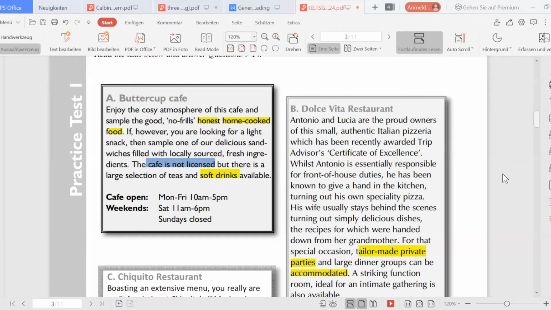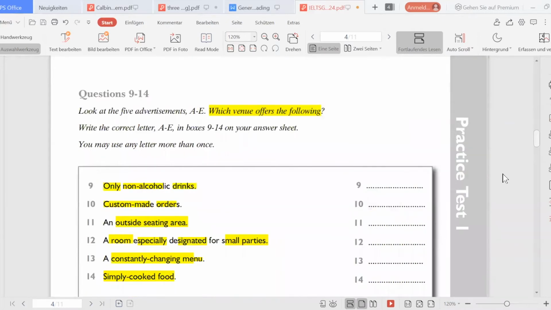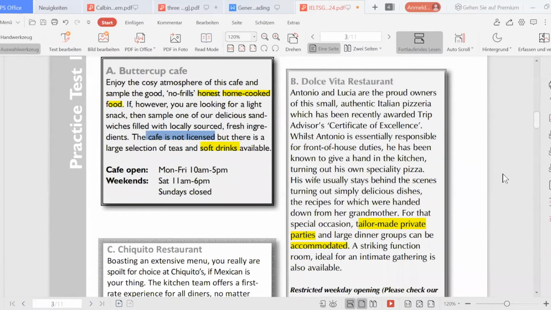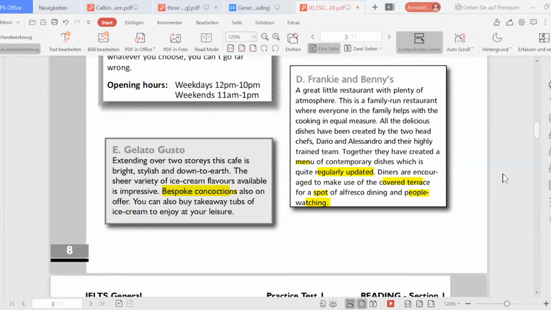Okay, good. Number 10, custom-made orders. So continue from B because you've used A. Custom-made orders, you read on, and they should be hiding in E. This one is actually difficult if you don't know what the word bespoke means, okay?